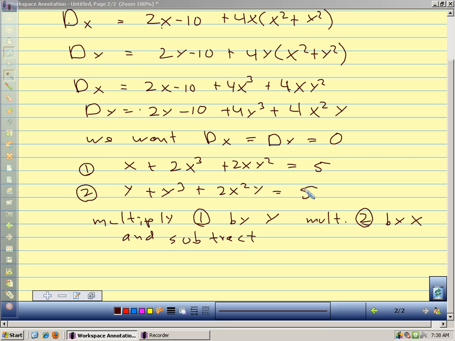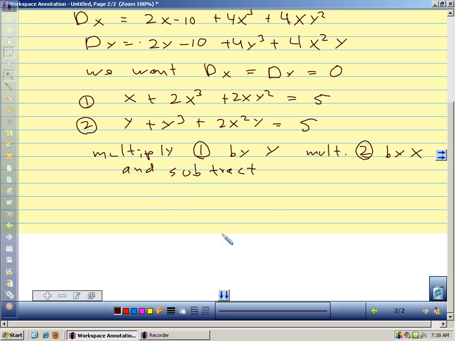When I subtract those, I get 5y minus 5x equals 0. Or that tells me that y equals x. So these are 0 when y equals x.